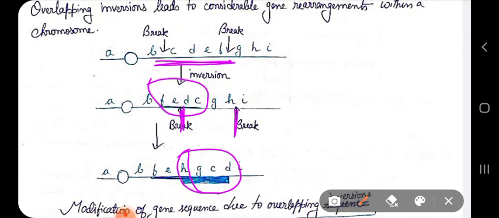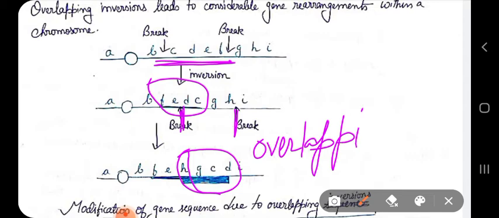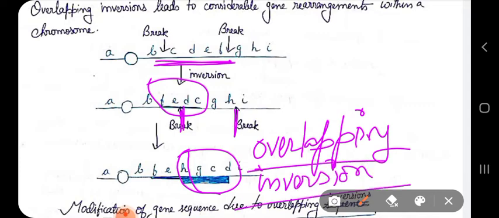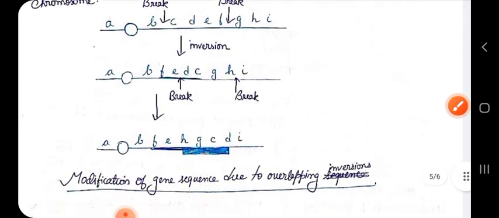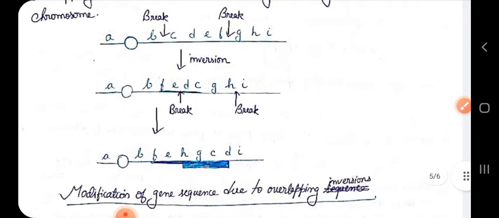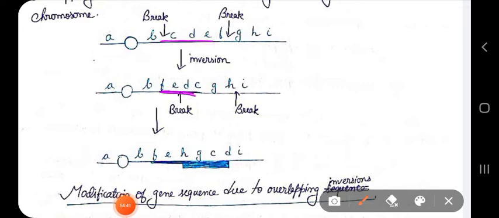This type of inversion is called overlapping inversion. So you can see that two breaks have occurred to form an inverted segment, and that inverted segment is again involved in a second round of inversion that leads to the formation of overlapping inversion.